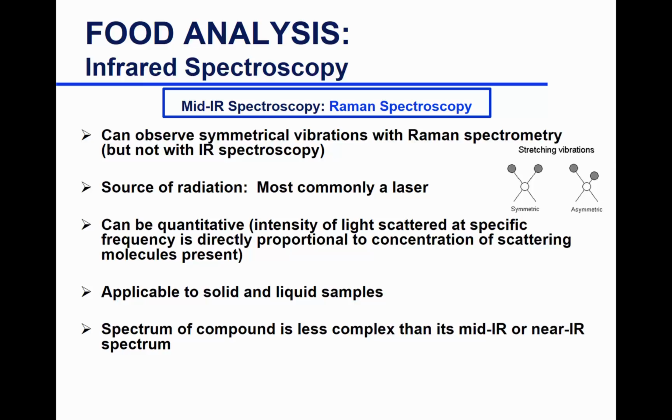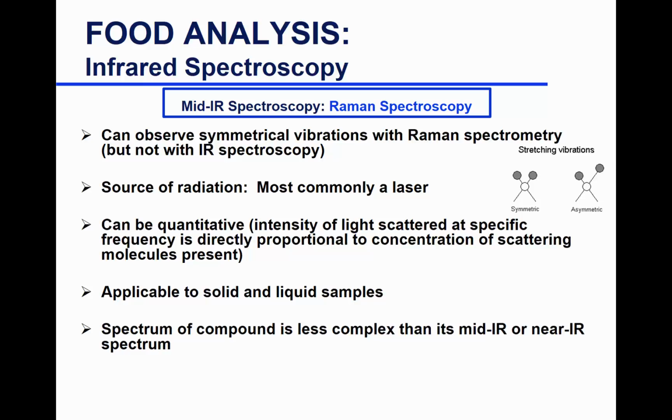And it can be applied to solid and liquid, which is an advantage because water does not have a high signal in Raman, whereas it has a very high signal in regular IR. So it can mask other signals. So you don't have interference from water. So that's great. So you can measure solid and liquid samples or aqueous.